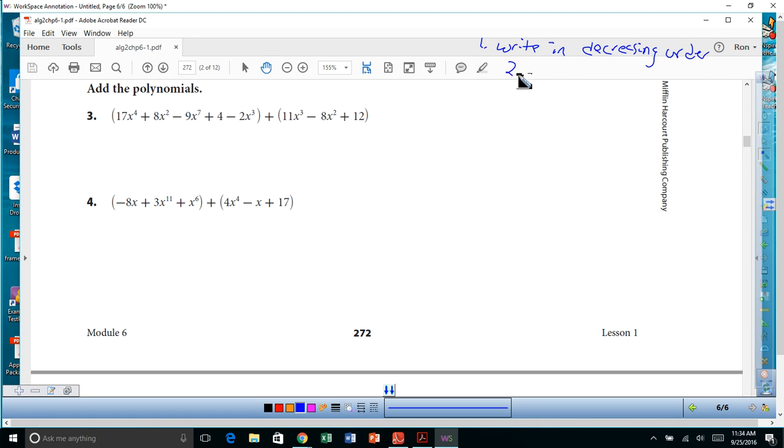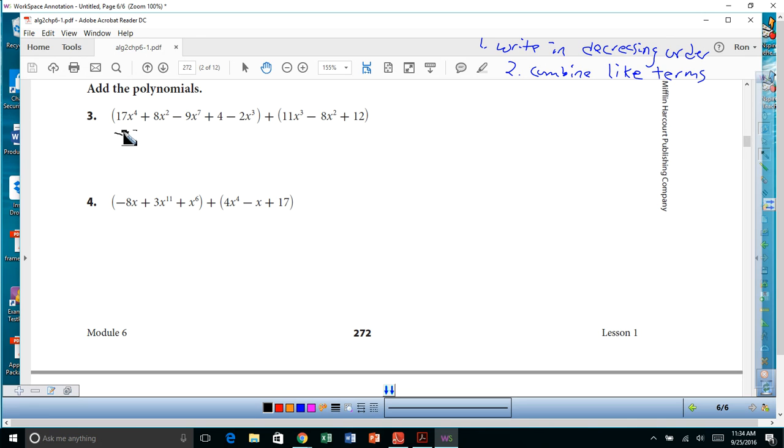And then 2, combine like terms. So let's check. Is this in decreasing order? No, that's not in decreasing order, is it? I'm going to redo it in black here.